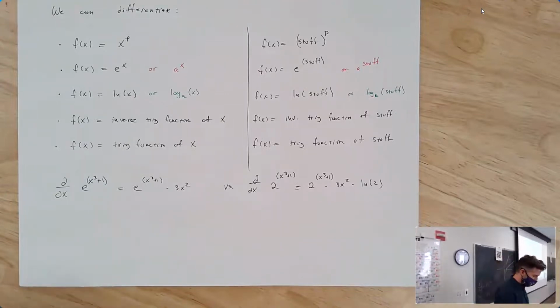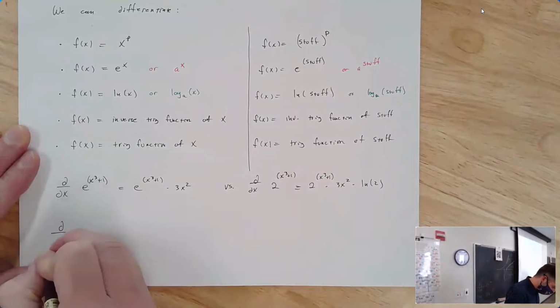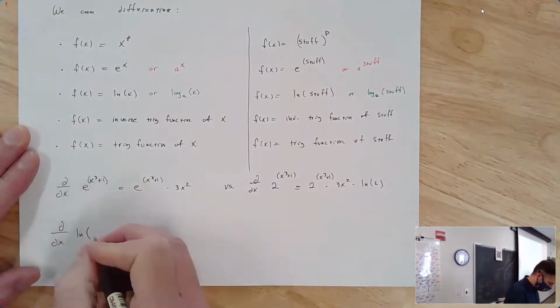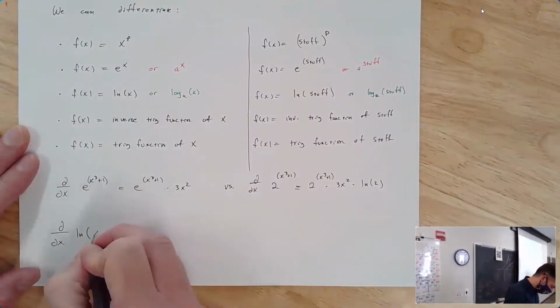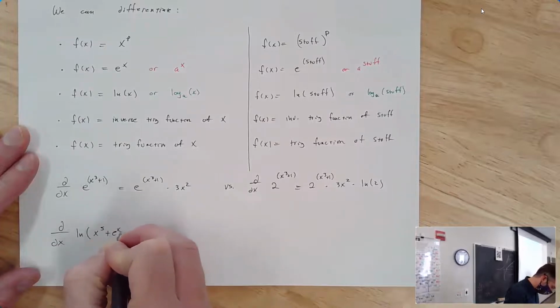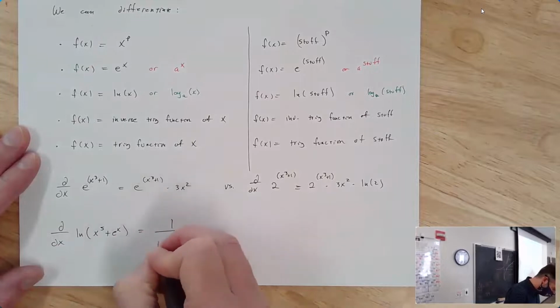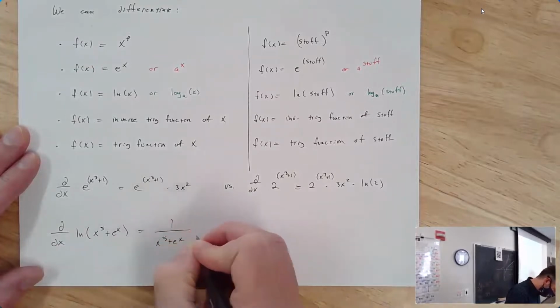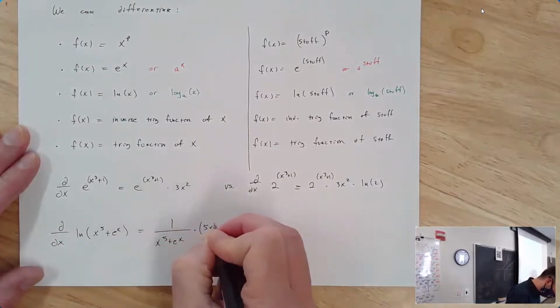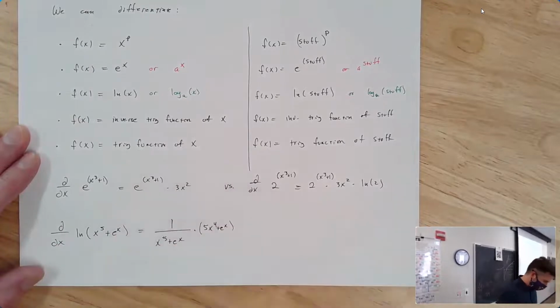Or for logarithms, the derivative of the natural log of some stuff, let's make it x to the 5th plus e to the x, is going to be 1 over the stuff times the derivative of the stuff, which is 5x to the 4th plus e to the x.